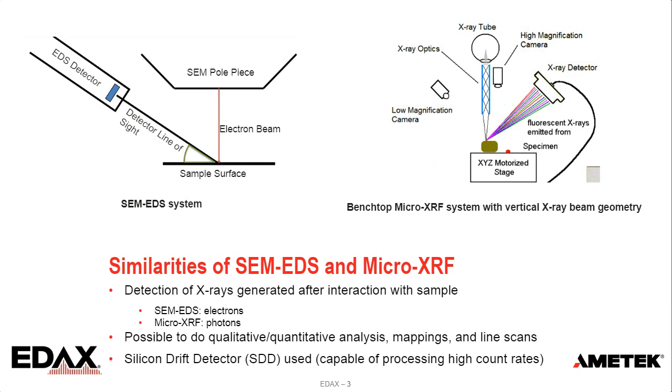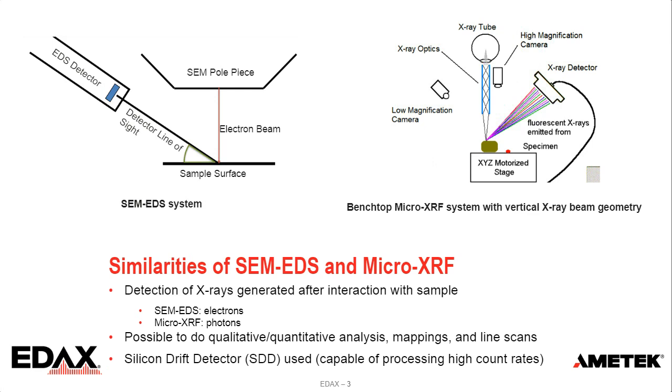And for the benchtop Micro-XRF system, we have an X-ray tube to generate X-rays, and those X-rays are focused through the X-ray optic to interact with the sample, and the fluorescent X-rays emitted from the sample are captured by the X-ray detector mounted on the side.